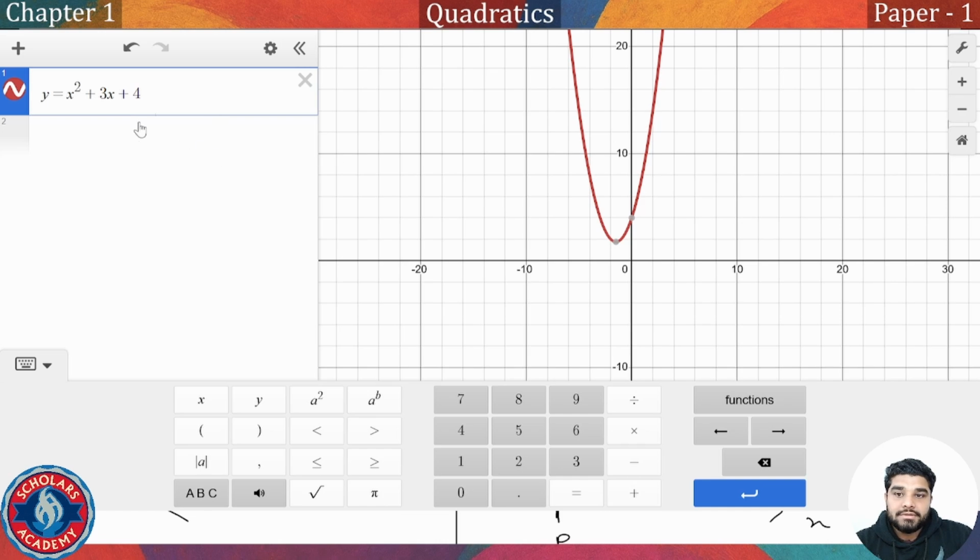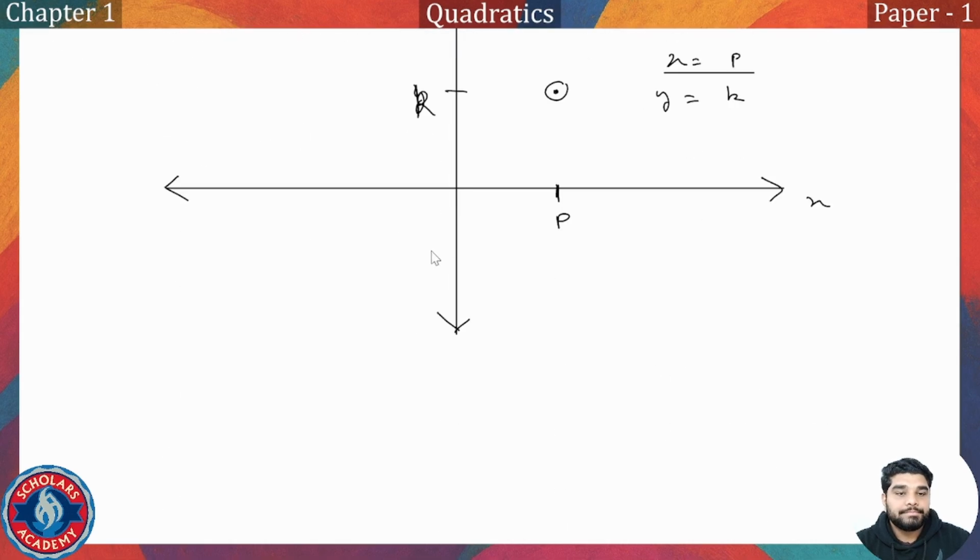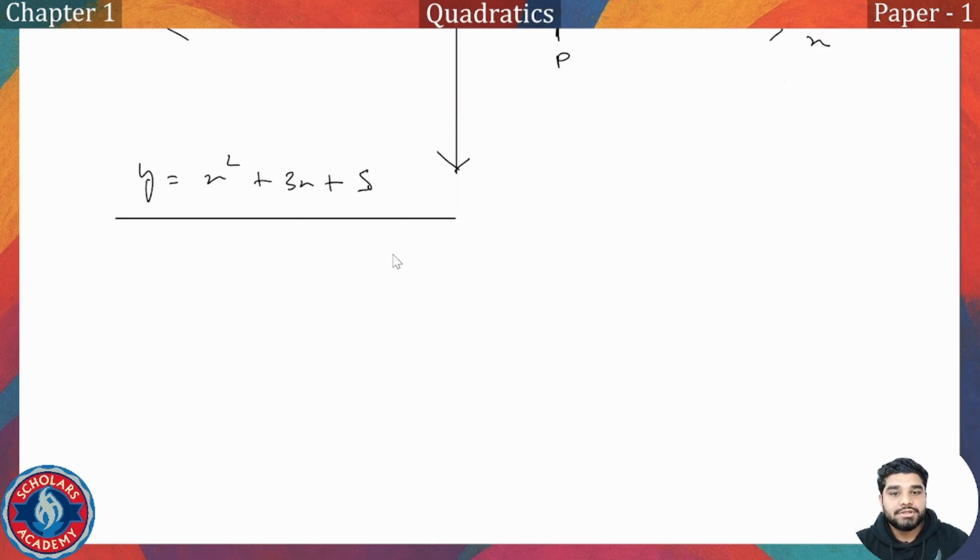Normally what we did up till now, with a quadratic equation y is equal to x square plus 3x plus 5, was take one more equation, y is equal to 0, and substitute it, so we got x square plus 3x plus 5 is equal to 0.